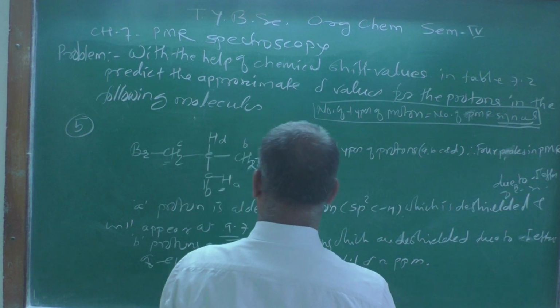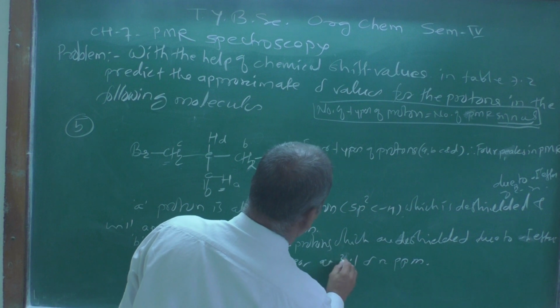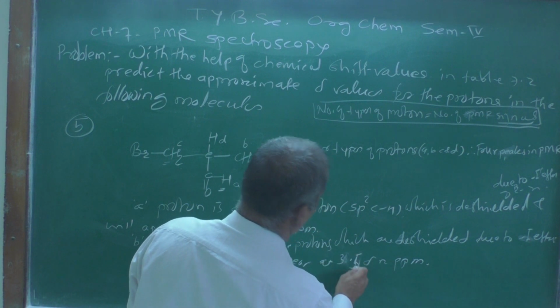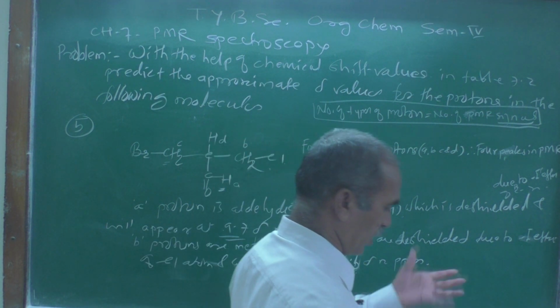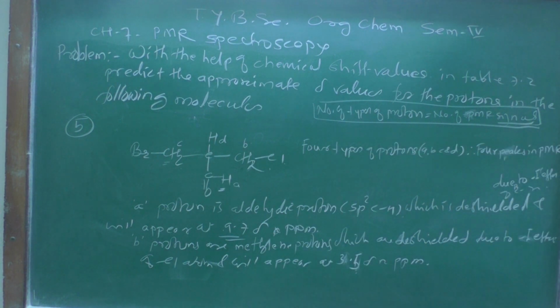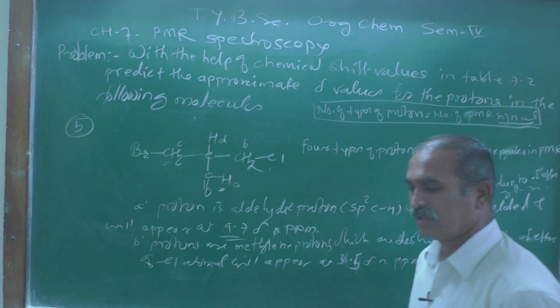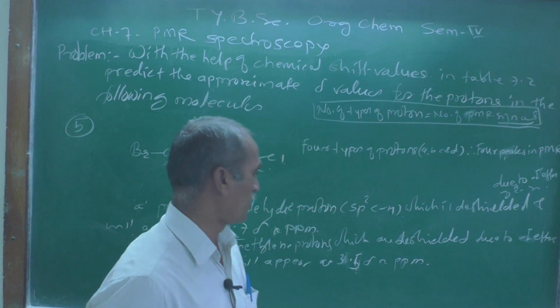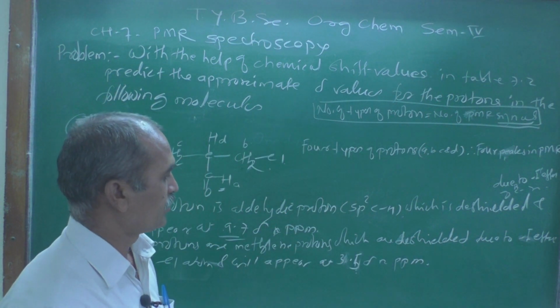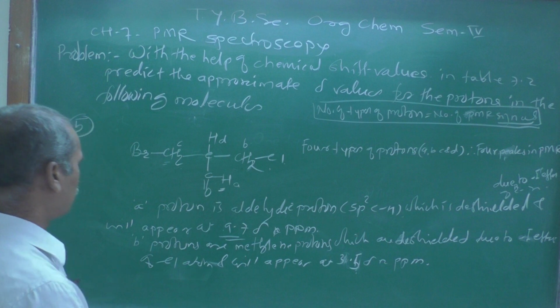I think for chlorine it is more like 3.5 delta, not that, because if fluorine were there, those protons would be more de-shielded, but here it is a chlorine atom, so 3.5 delta or ppm.